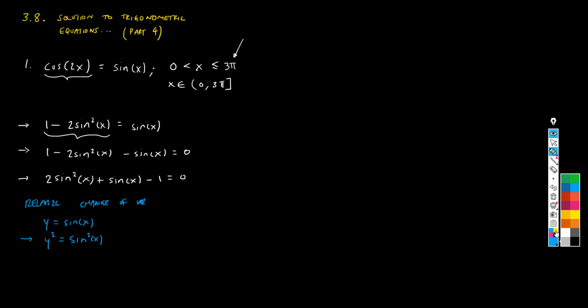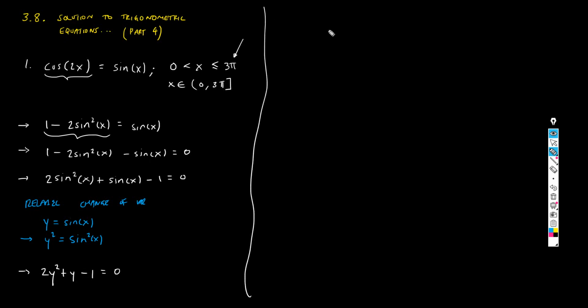And let's make that change already. So therefore, with this small relabeling, we can write this equation now as this: 2 sine squared of x, which is y squared, plus sine of x, which is y, minus 1. And basically, we have reduced the complexity of this equation into a quadratic equation, which seems simple to solve.